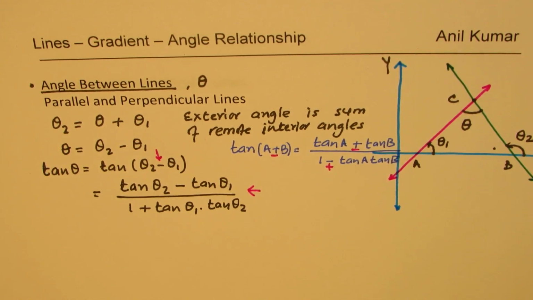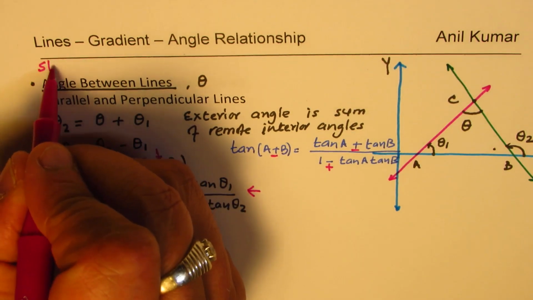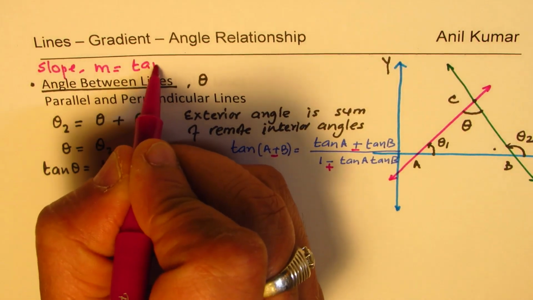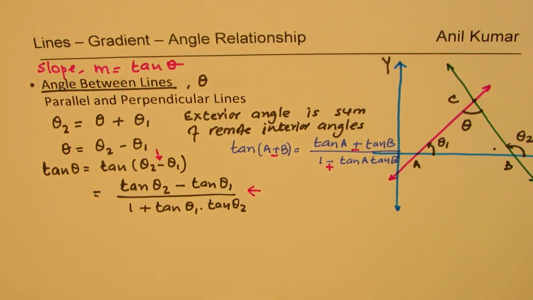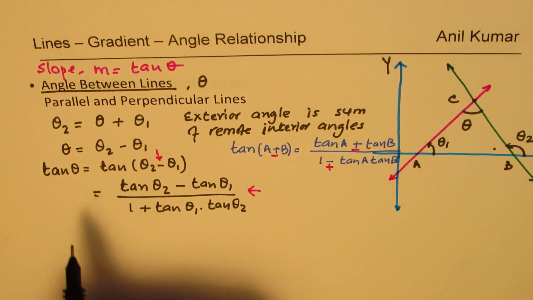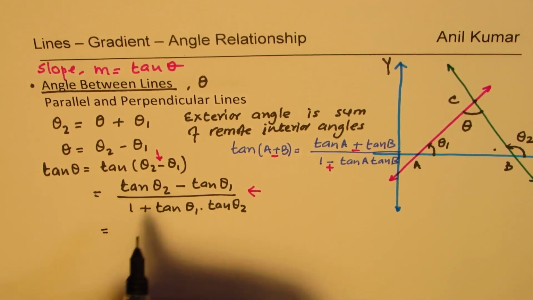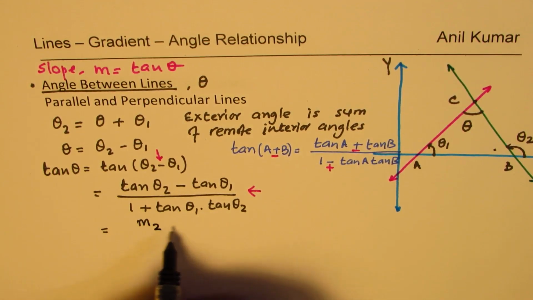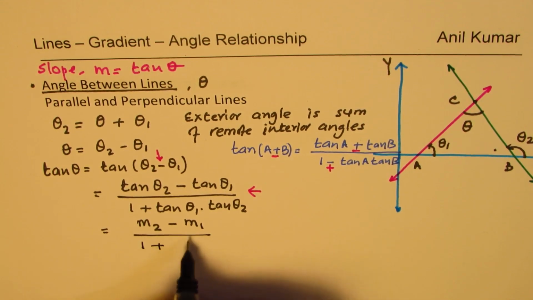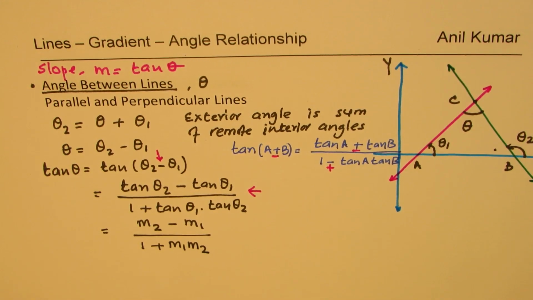And now in gradients, what did you learn? Lines and gradient. We know slope m is basically equal to tan theta, right? So that clearly means that tan theta equals the slope of line 2 minus the slope of line 1, divided by 1 plus the product of these two slopes. Correct?